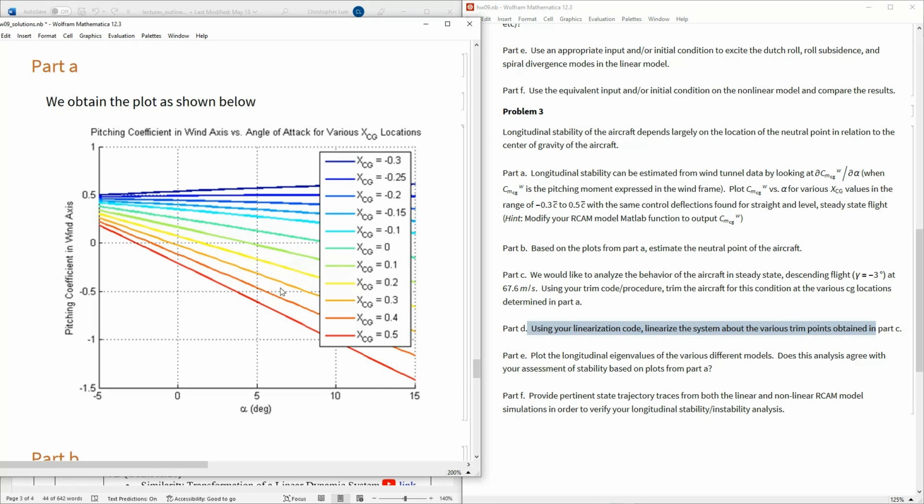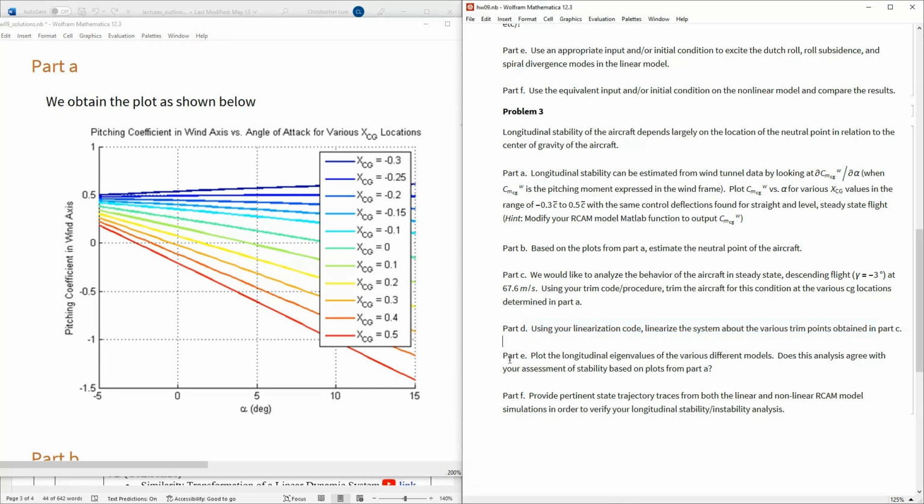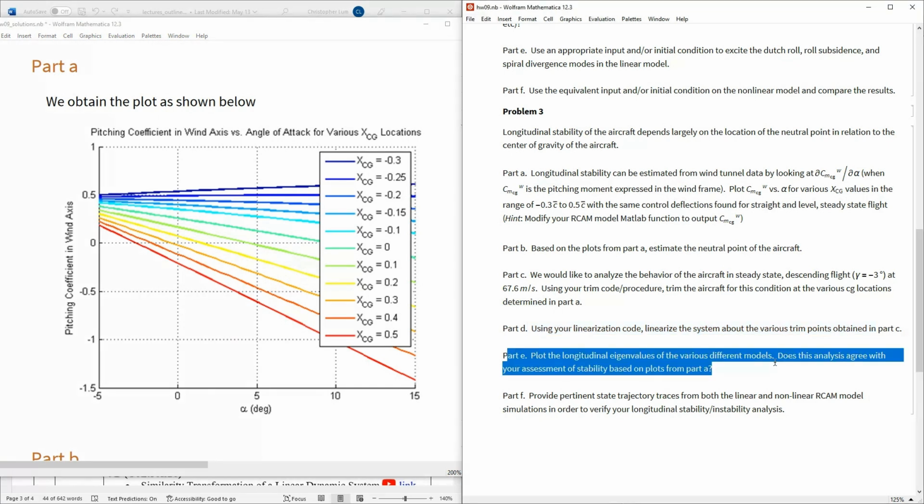And now that you have all these different linear models, we're in a good position to talk about stability on a mathematically and engineeringly rigorous footing. So for part E, stability cares a lot about the eigenvalues of these linear models.